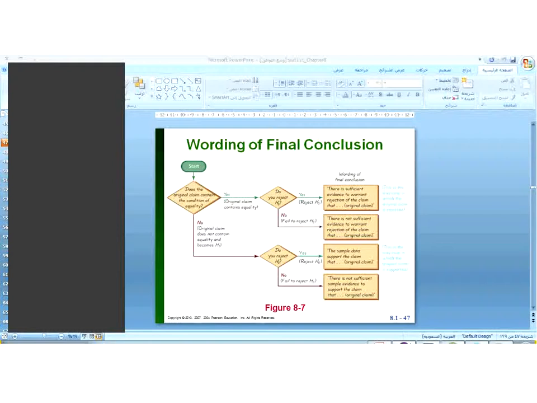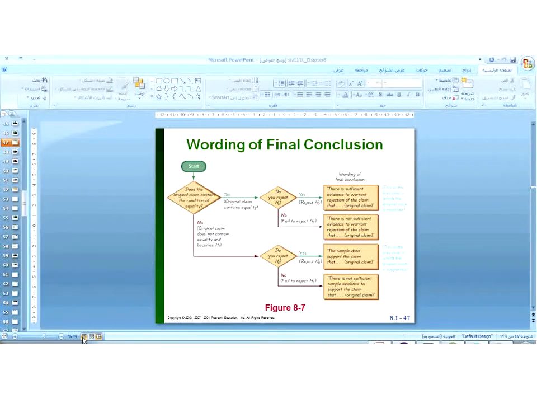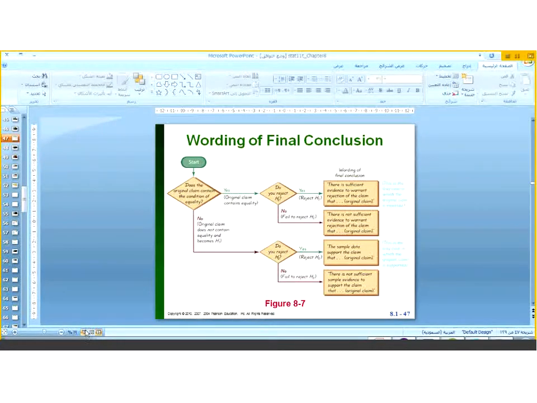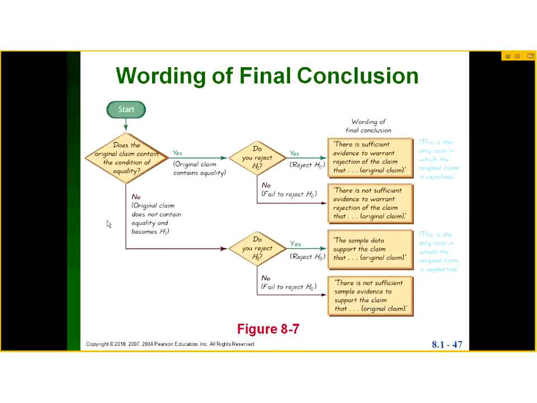Okay. First, to decide, we'll start with a bigger picture so the flow is clear to you. First thing, you have to ask yourself this question: does the original claim contain the condition of equality? If it contains the equality, will it be H0 or H1?